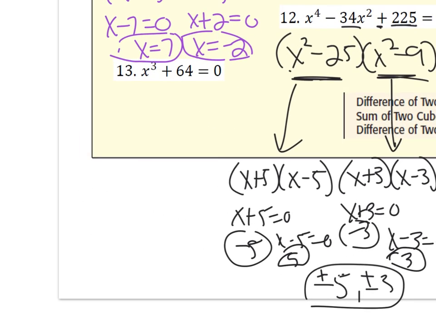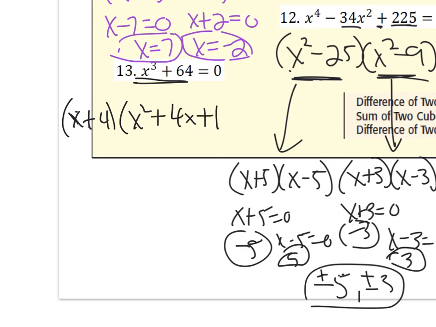So now for 13, sum of two cubes rather. So that means I go x plus 4. Then I go x squared plus 4x plus 16 equals 0. Sorry, hold on. Back up. That's going to be a minus.